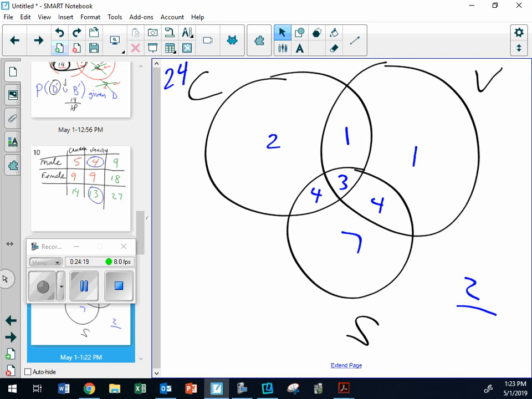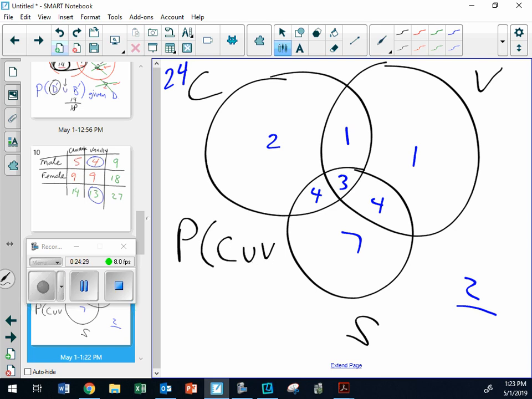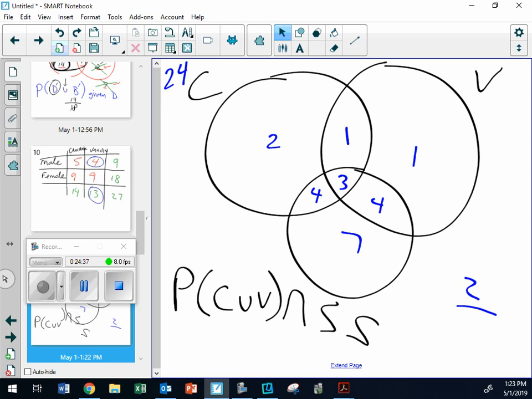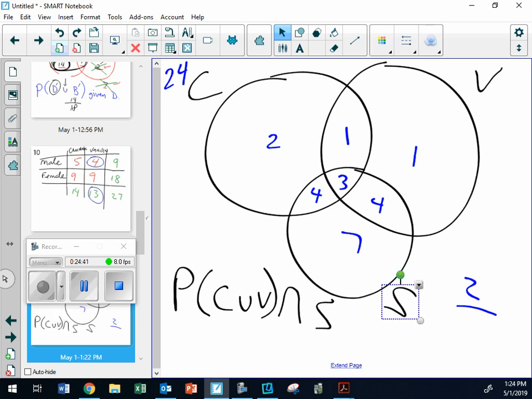What is the probability of C union V intersect S?